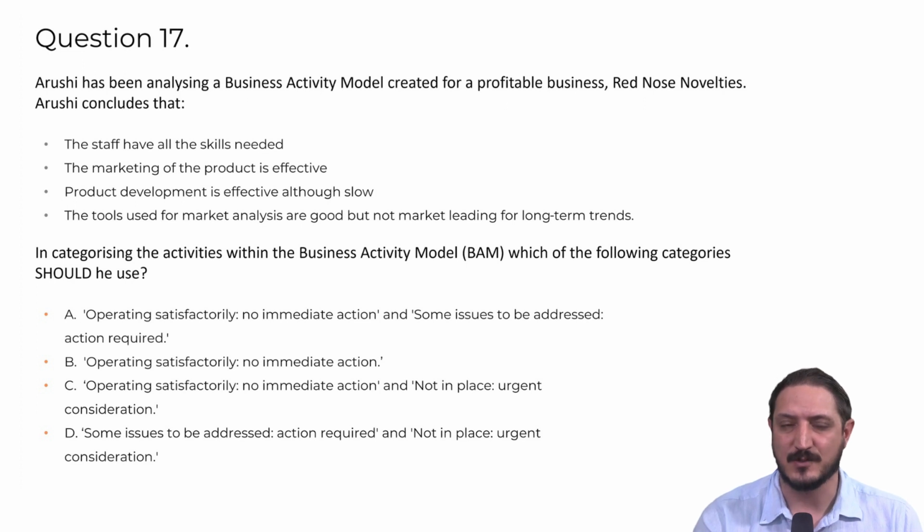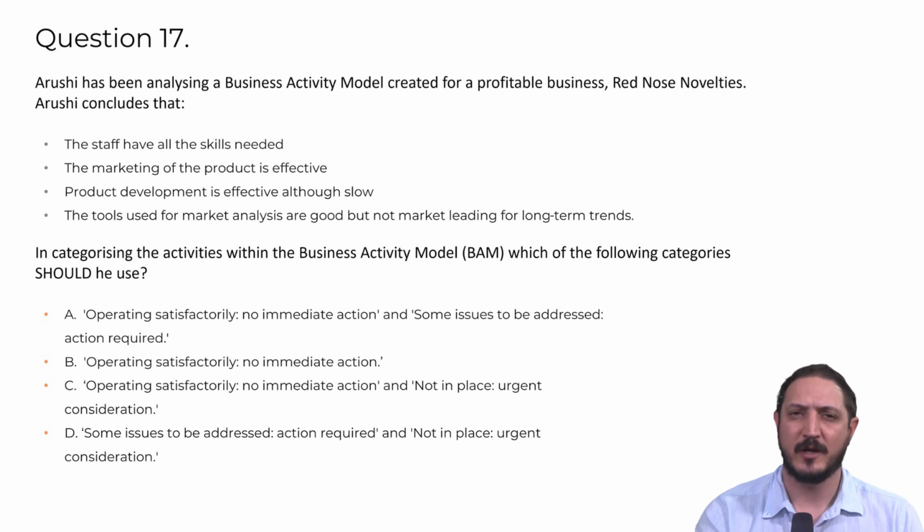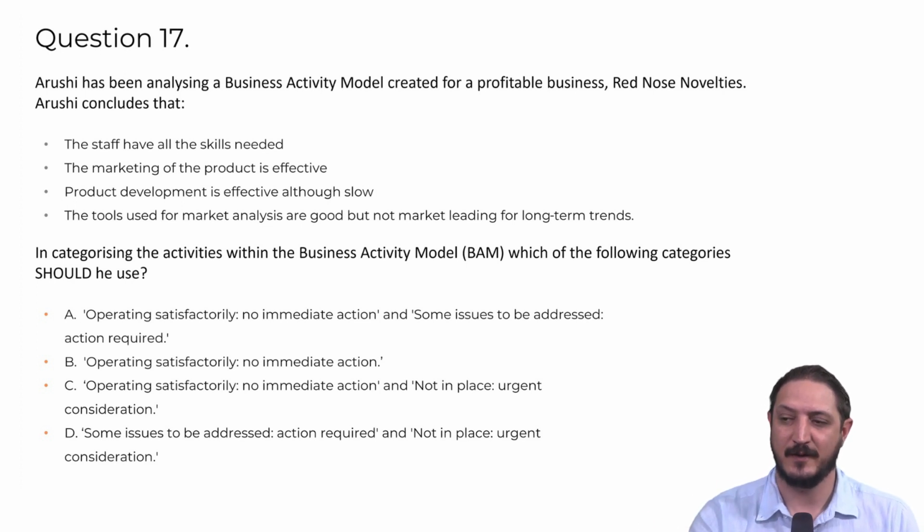Now, what else? What other category are we going to be using here? Are we going to be using the not in place, urgent consideration? So it's the red, it's a big problem that we need to pay a lot of attention to. Or are we going to be using the middle, more amber category where there are some issues that need to be addressed and there is some action required?